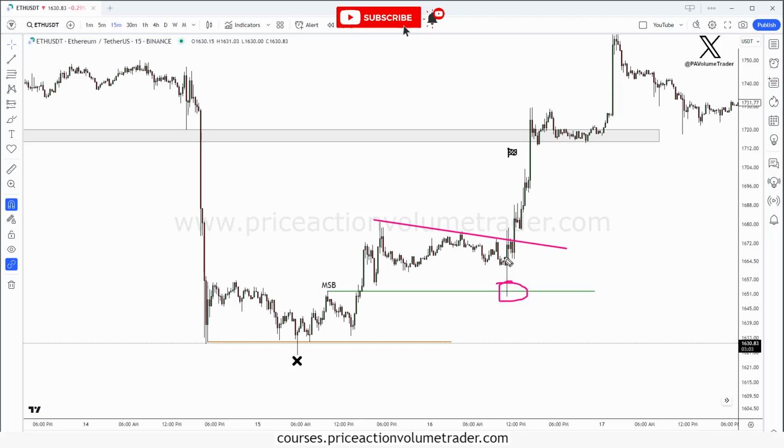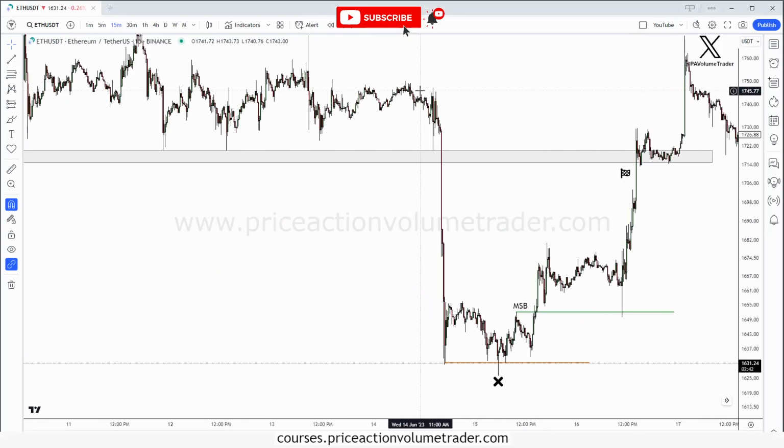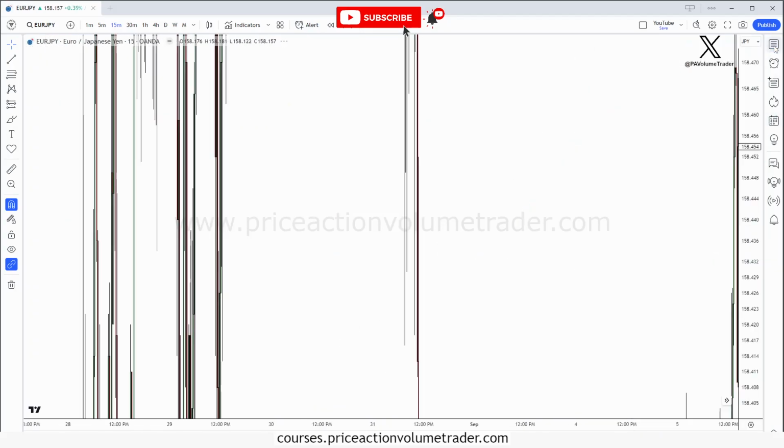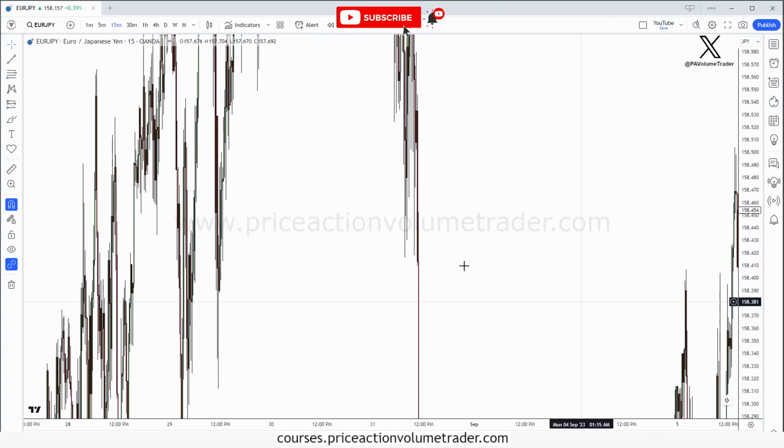Once we broke through this trend line, then this stop can be moved below this wick right here, and then a very obvious take profit here at this huge level of support that's broken, and we now expect some kind of resistance here.